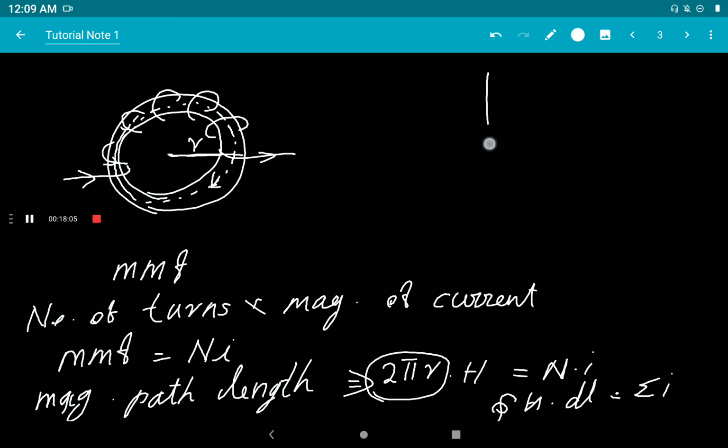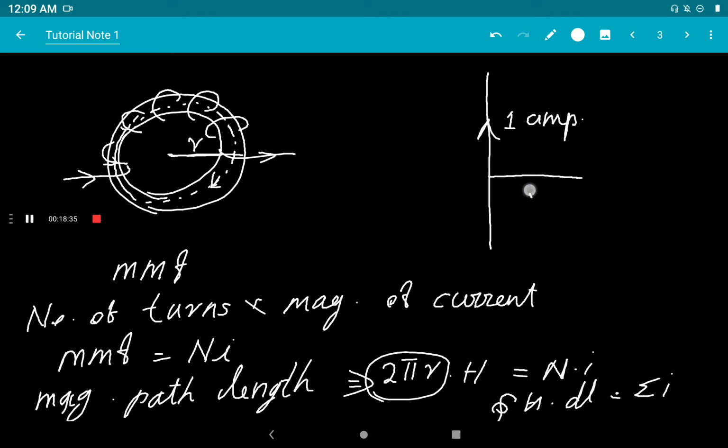a conductor which is carrying a current of 1 ampere. Just assume a conductor of infinite length carrying 1 ampere current, and consider the magnetic field intensity experienced at a distance of 1 meter.